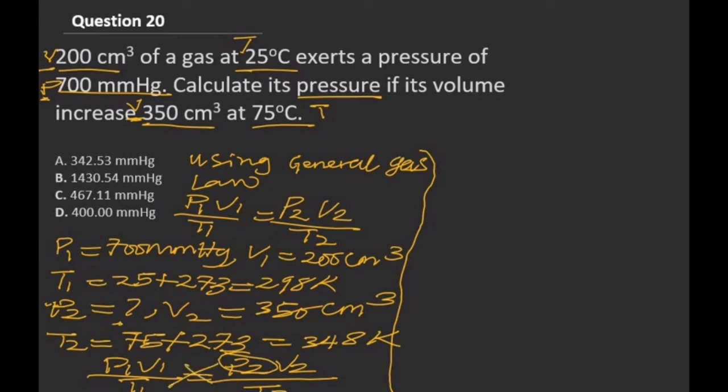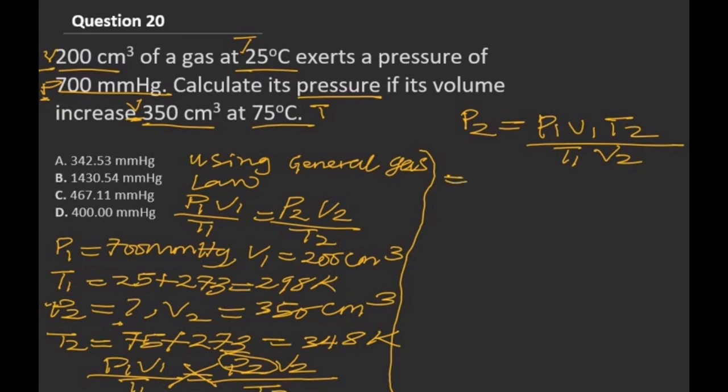Remember to cross multiply because of the equality sign. So P2 equals P1 V1 T2 over T1 V2. Now we'll start inputting the values.